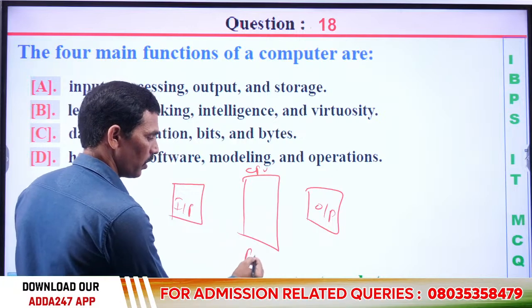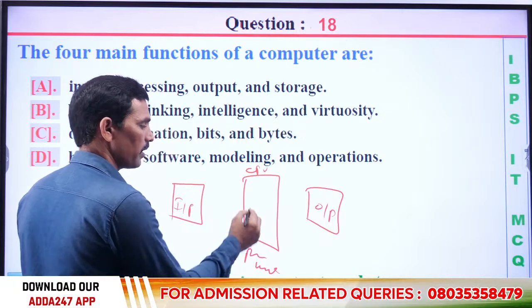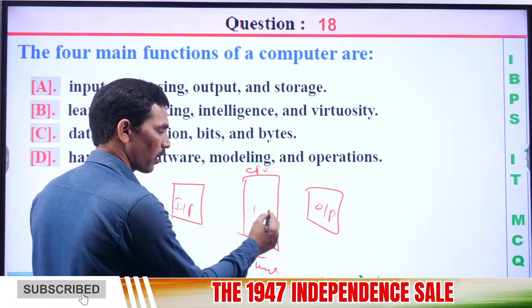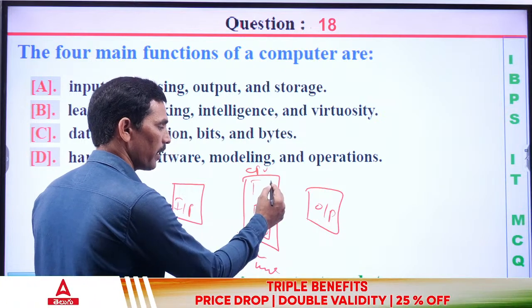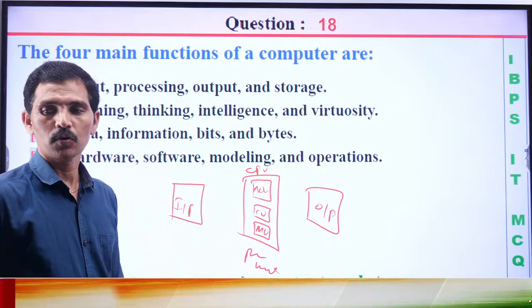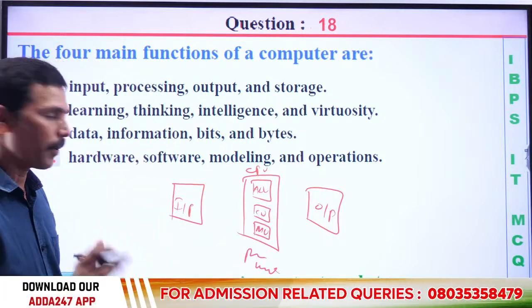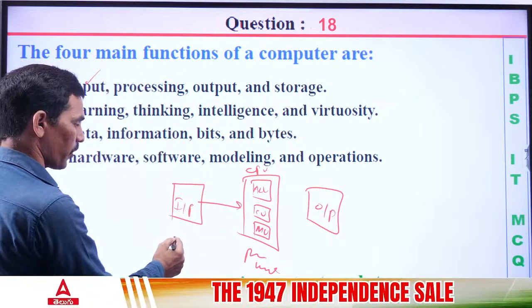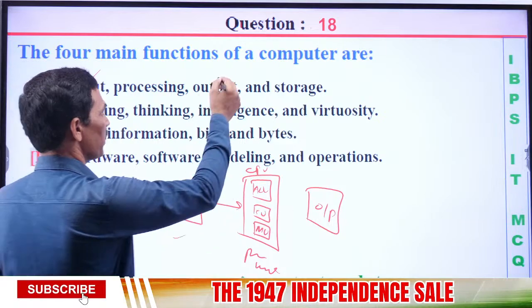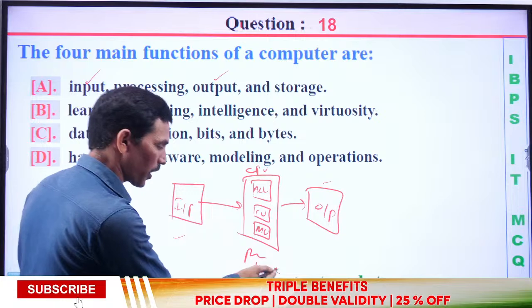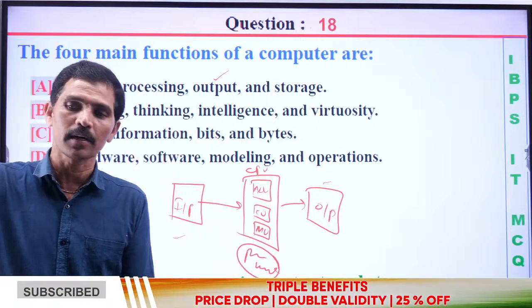Here there will be a memory unit to store the data, a control unit to control the data, and the ALU to perform arithmetic and logic operations. As they are giving input, yes, input is there. Output is also there. And processing means the processing unit, where it is done.